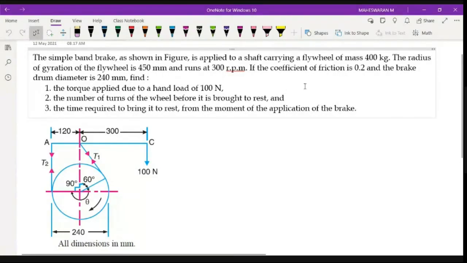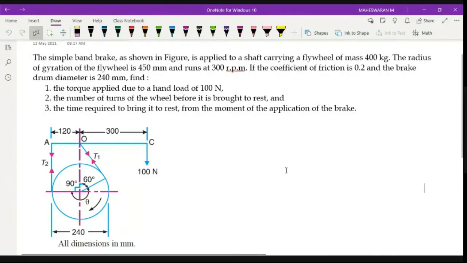They have given the coefficient of friction and the brake drum diameter, everything. They are asking for the torque applied when you apply a force of 100 Newton, the number of turns of the flywheel, and the time required to bring it to rest.